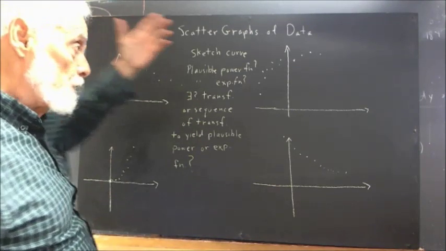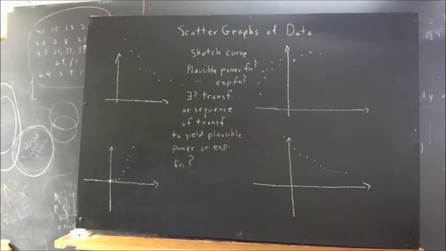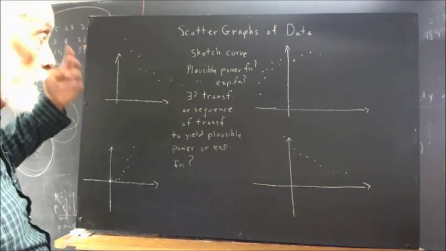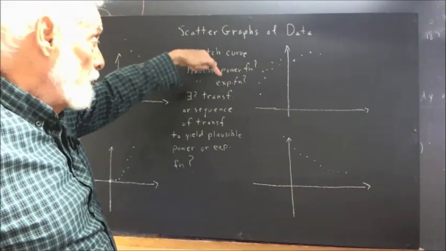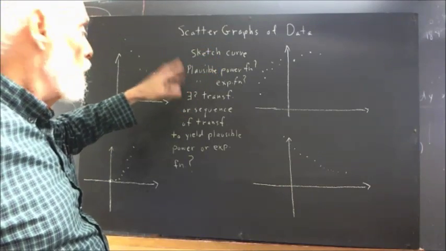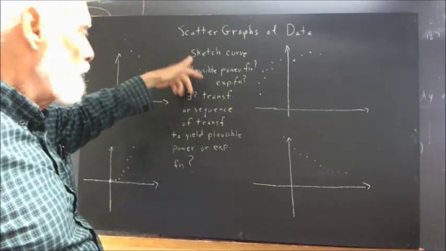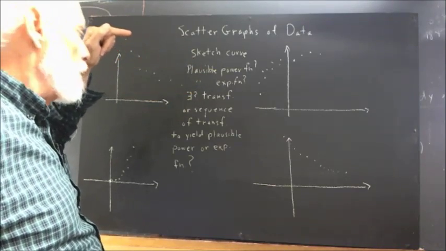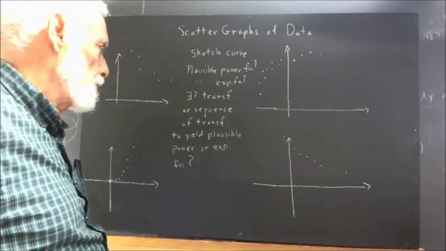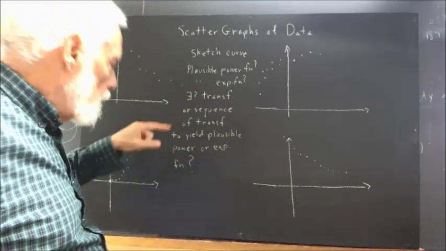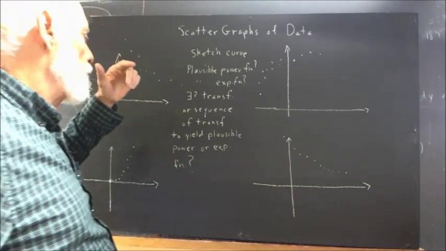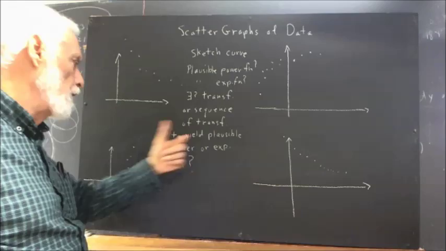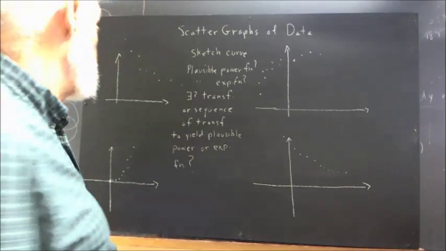We just want to look at the general idea of a scatter graph representing a data set, and we want to see if that scatter graph plausibly represents a power function, or maybe an exponential function, or if there exists a transformation or a sequence of transformations that will give us plausible power or exponential functions. Better stated, for which the graph would then represent a plausible power or exponential function.